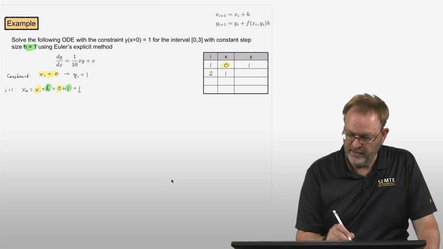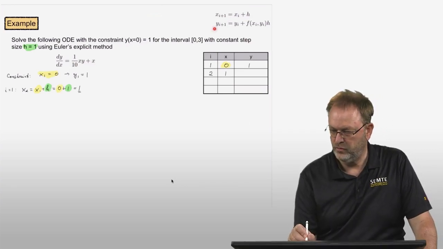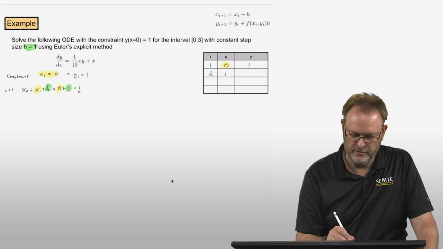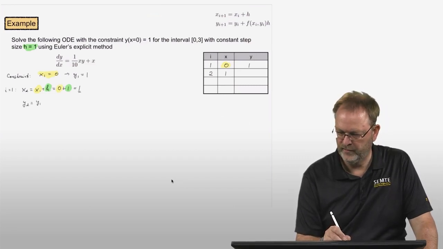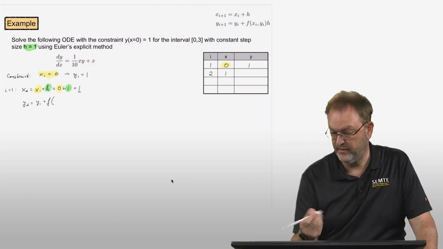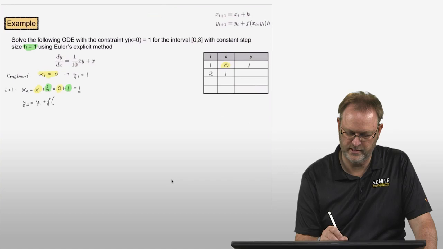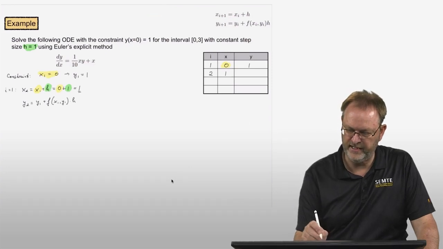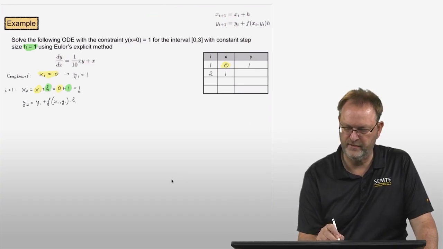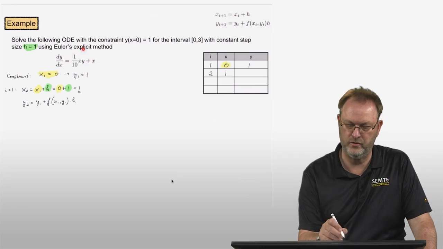Okay, then I have the formula for y2. So y2 is equal to y1 plus f of x1, y1, times h. Okay, so let's write what f is. Well, f has to be this right-hand side of the ODE.